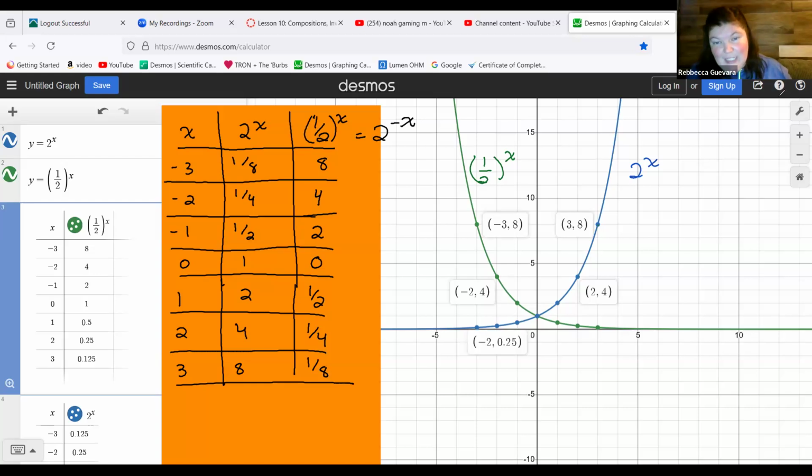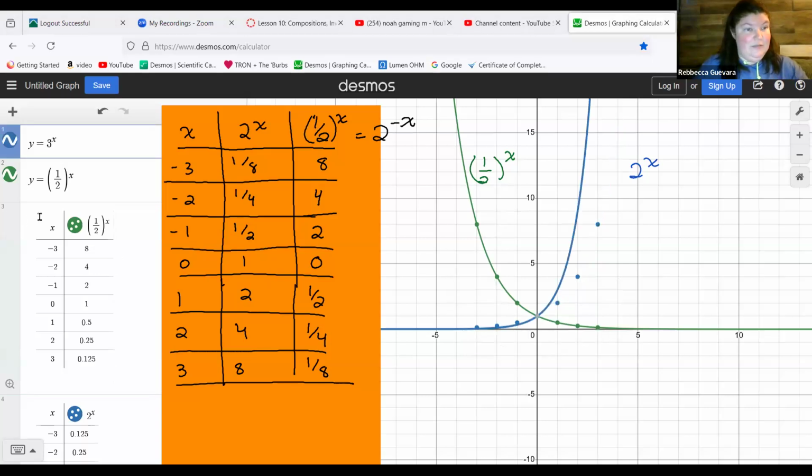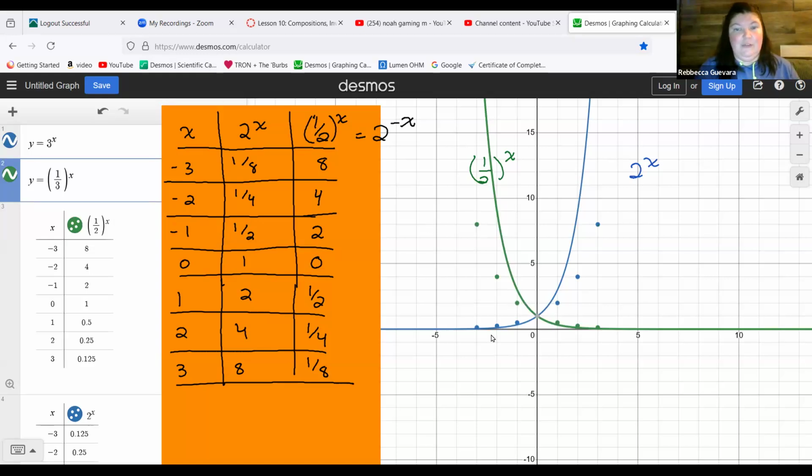This point I had at -2, 1/4 now reflects to 2, 1/4. So when you do 1/2 to the x, it's really the reflection of 2 to the x. The same thing would happen if this was, say, 3, and then this is 1/3. You're getting a reflection again.